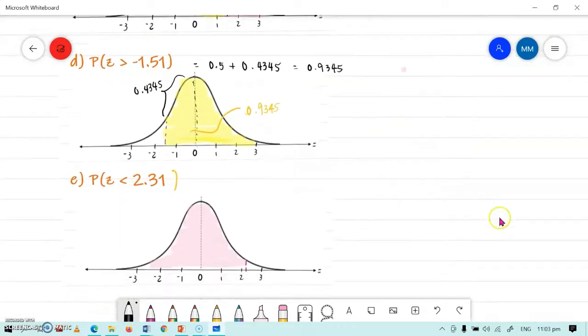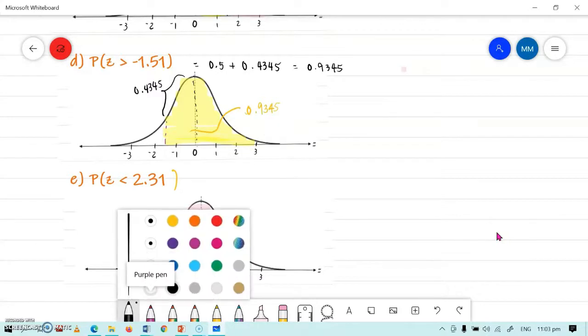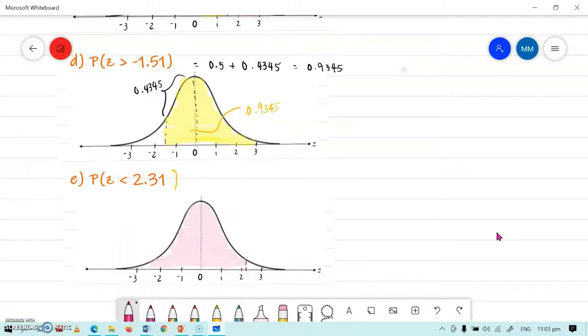Alright. So we know that the area from 0 to 2.31 is equal to 0.4896. And also, we know that the area from 0 to the entire left of the curve is equal to 0.5.